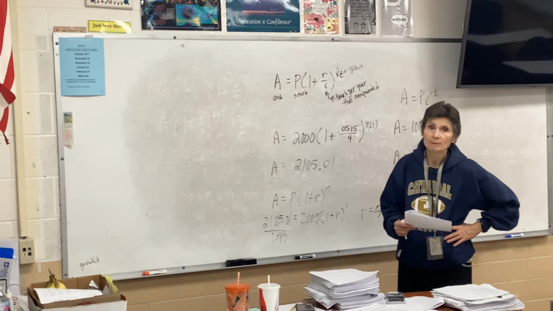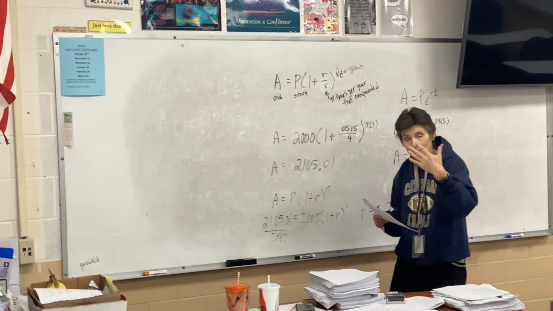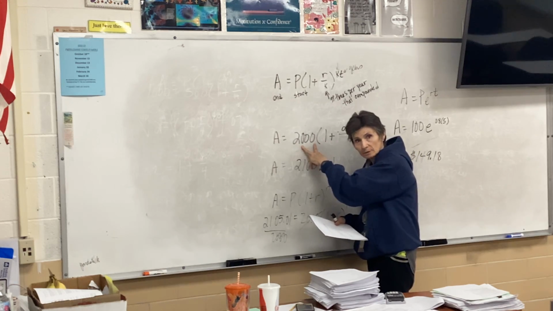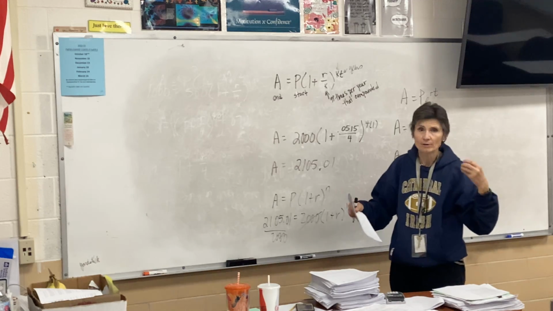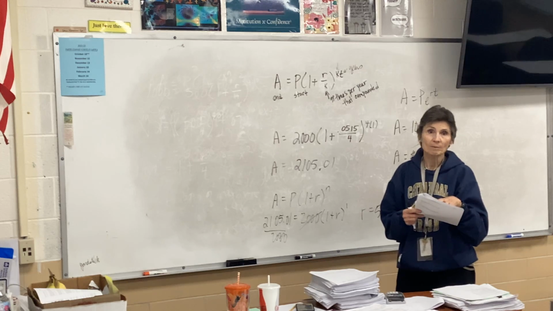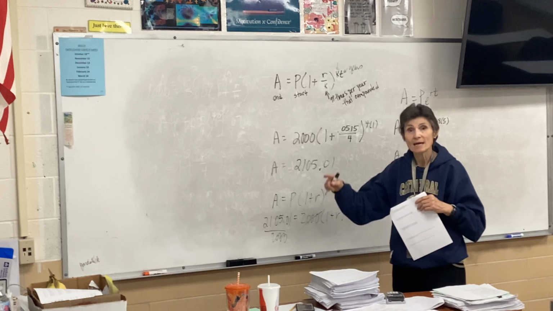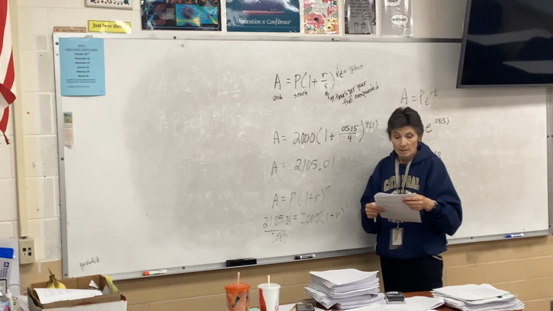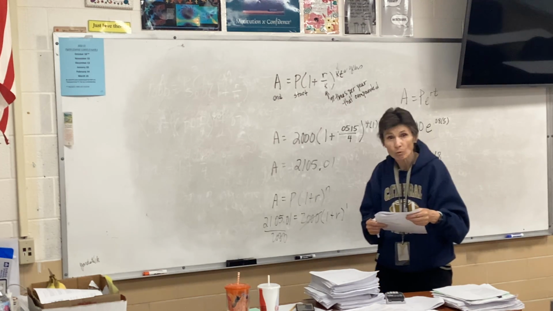In all of the problems we've done so far, we have walked down to the bank, handed them a chunk of money, and come back 10 years later or 5 years later or 1 year later, whenever, to see how much we had. That is not what's happening in this problem. In this problem, she is making regular payments into the account. She is saving for her future.